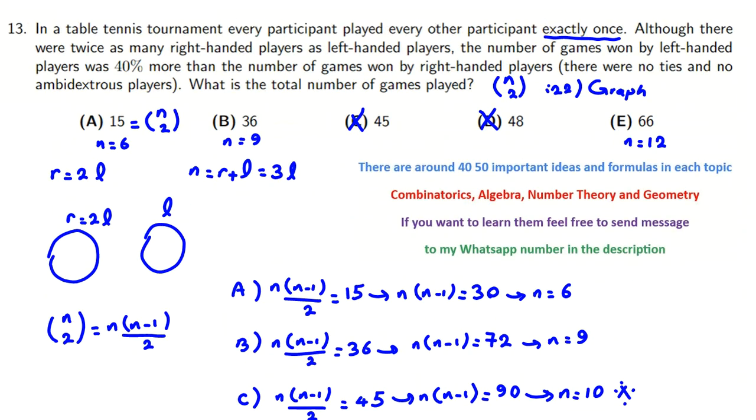Now we want to see which choice is a multiple of 12: not A, not E. So the answer is 36.